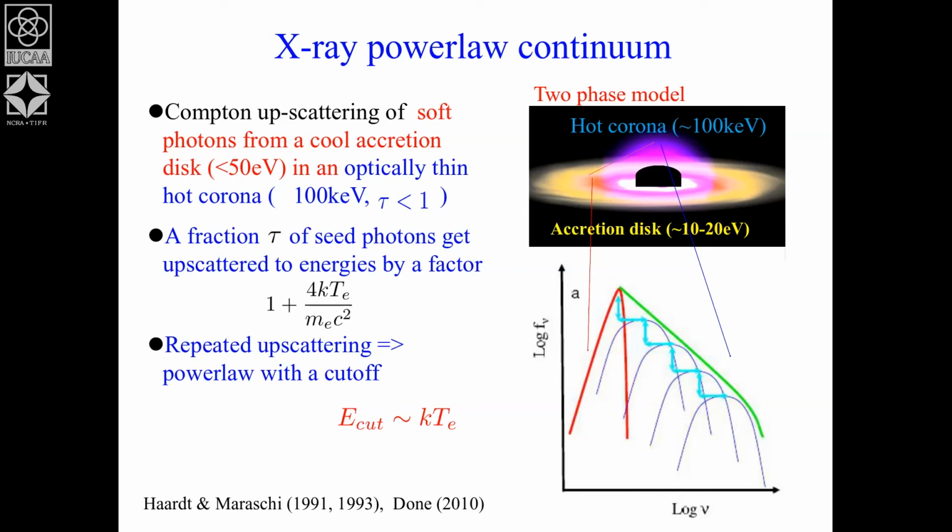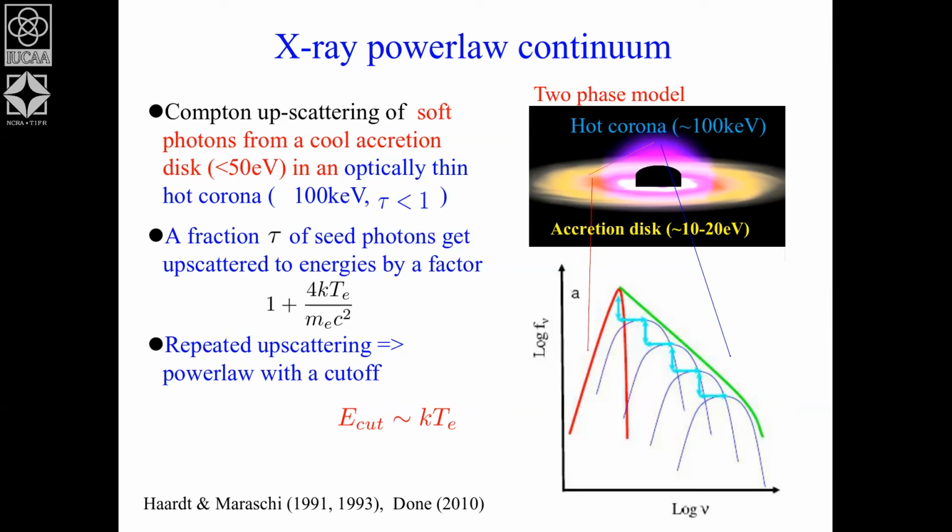A fraction tau, where tau is the optical depth of this corona and is less than 1, you take that fraction, by which this black body is reduced, and it is upscattered due to inverse Compton scattering. So this reduced black body actually moves to higher energy in one scattering step.